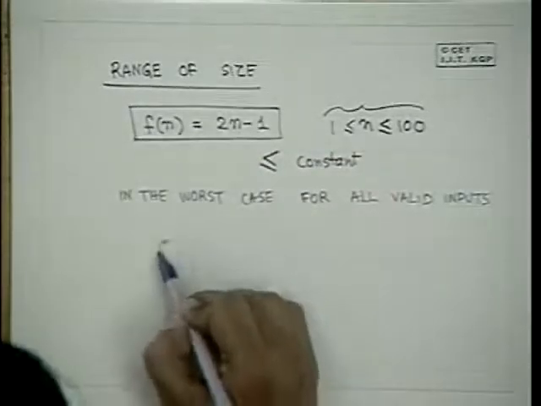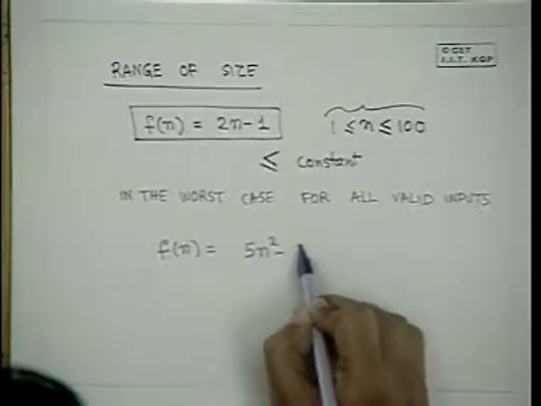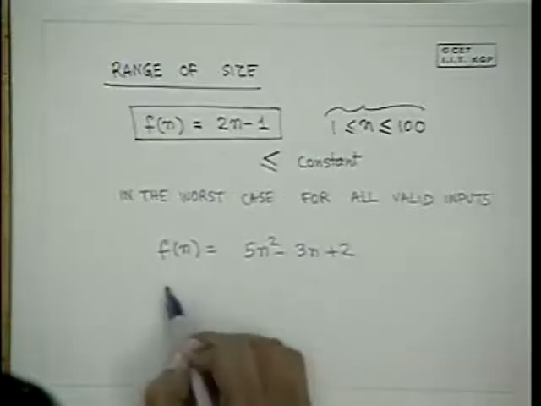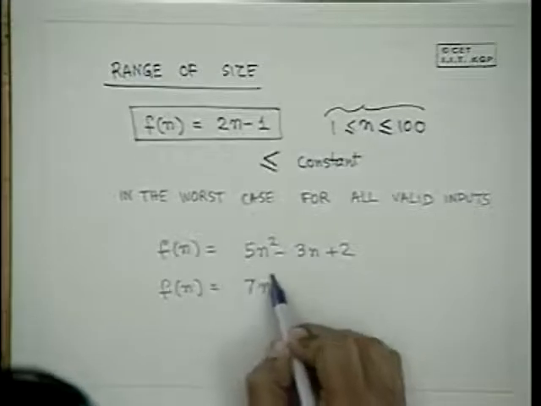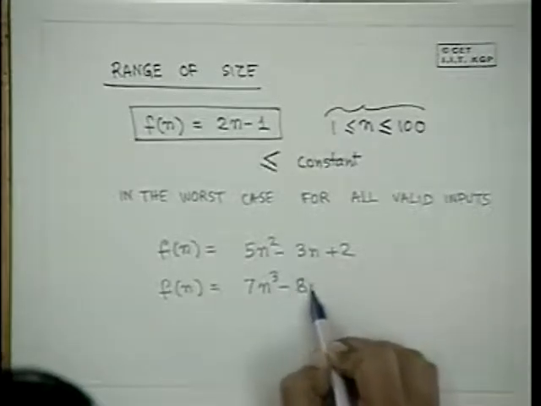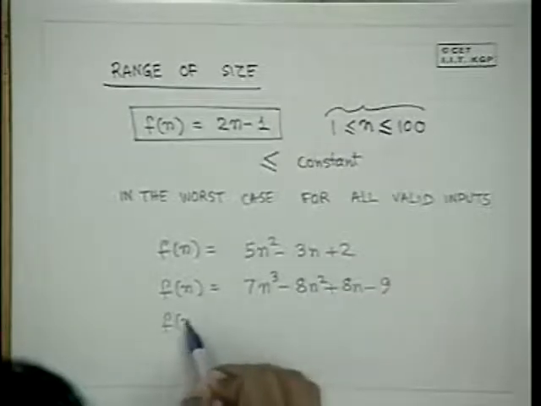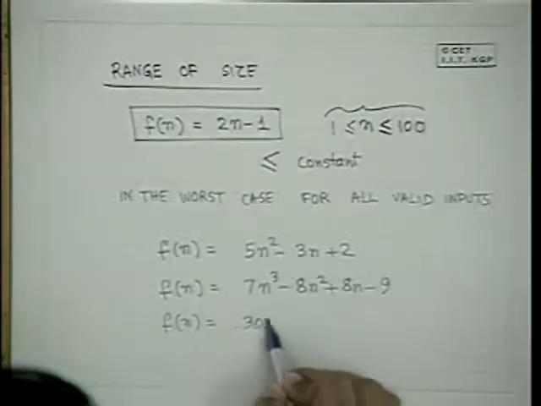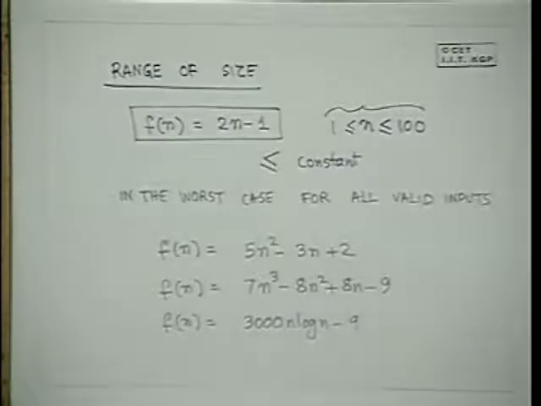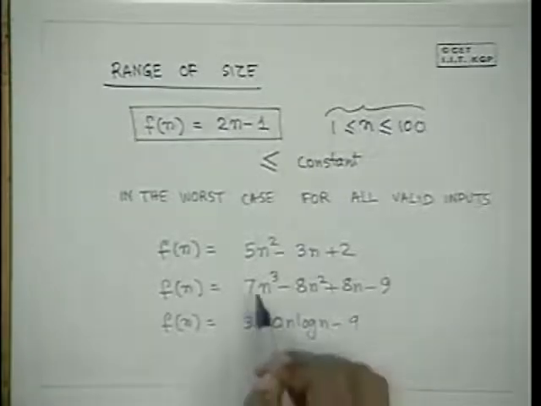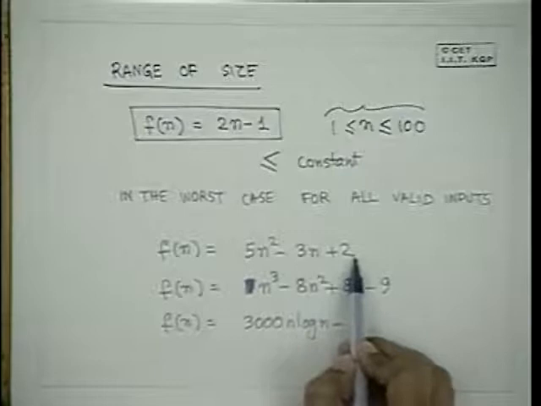So if I have one which is going to do sorting in, and another which is going to do sorting in, and the third which is going to do sorting in, this is 5n square minus 3n plus 2.